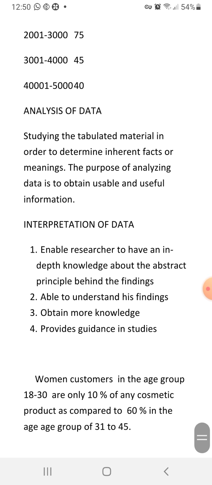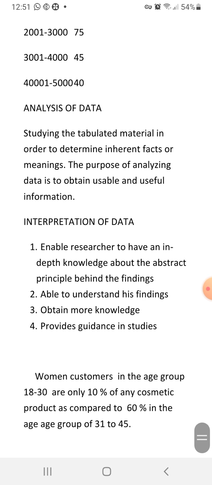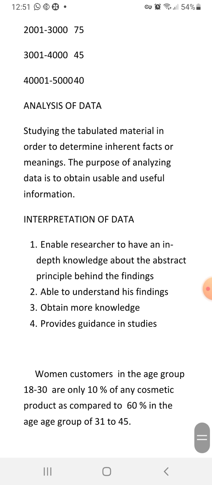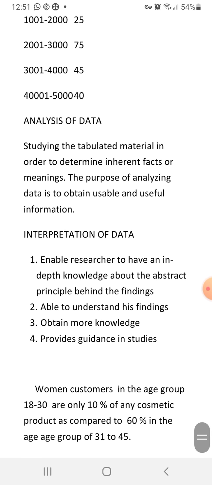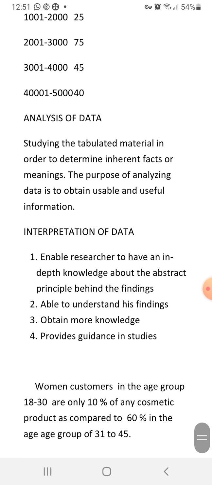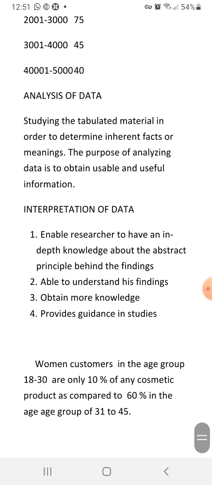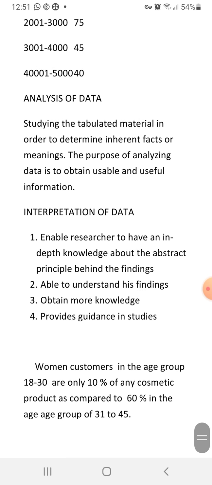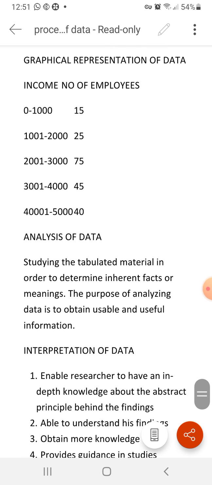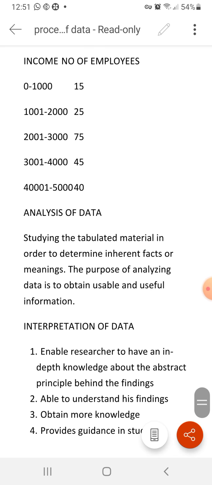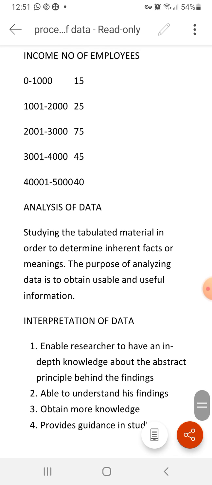Analyzing means study the tabulated material in order to determine the inherent facts or meanings. The purpose of analyzing data is to obtain usable and useful information. For example, in the above example, income and number of employees are given.